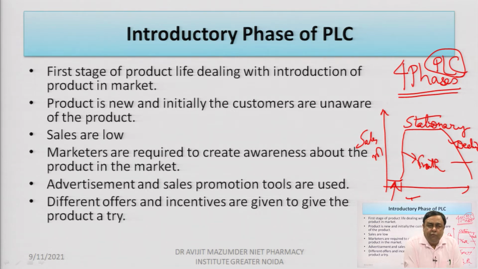When the sales volume is low, sometimes you people get very dejected that we have prepared a very new product which the customer required, but the sales are not increasing. It is not like that. It will take a little time for the product to percolate into the market, for the customer to be aware of the product.